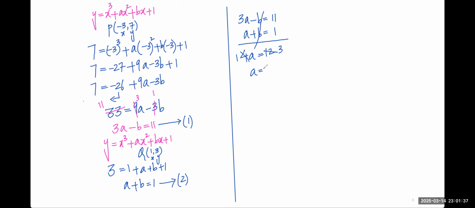Now, we proved already that a is 3. Similarly, if you put the value of a as 3 in this relation, you can easily get the value of b, that is minus 2.